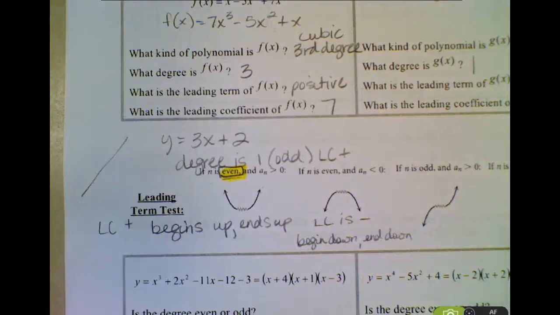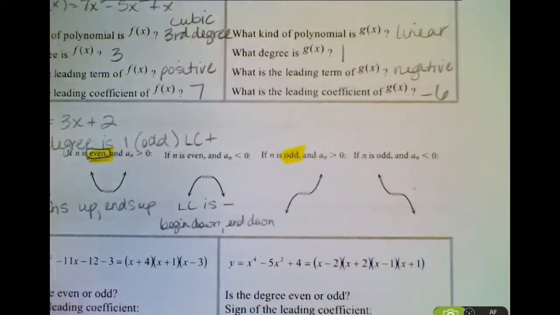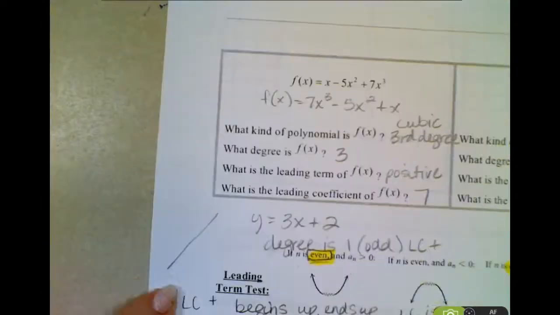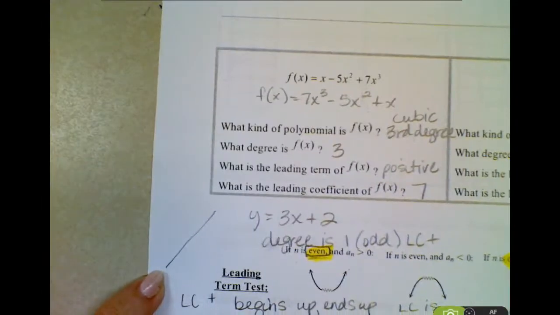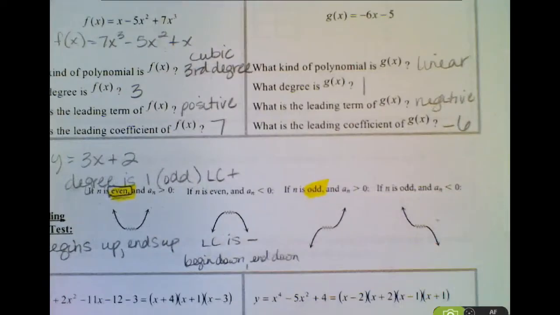Only for even degree polynomials. If it is an odd degree polynomial, 1, 3, 7, 53, it begins and ends on the opposite end, exactly like the line we were just talking about here. Begins low, heading towards negative infinity, ends high, going towards infinity.